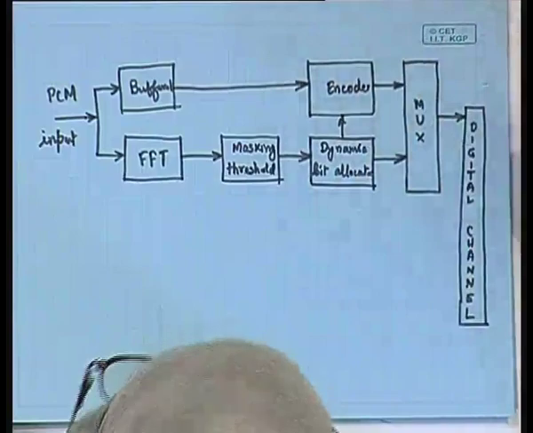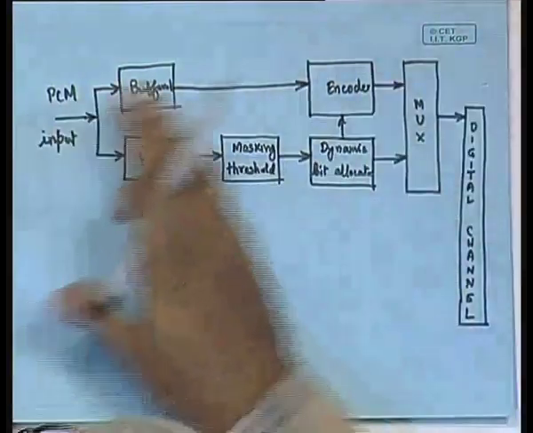Depending upon the strength of the tonal component and the critical band to which it belongs, we compute the masking threshold, and it is this masking threshold on which the allocation is based. So, it is a complete encoder where perceptual bit allocation is considered.